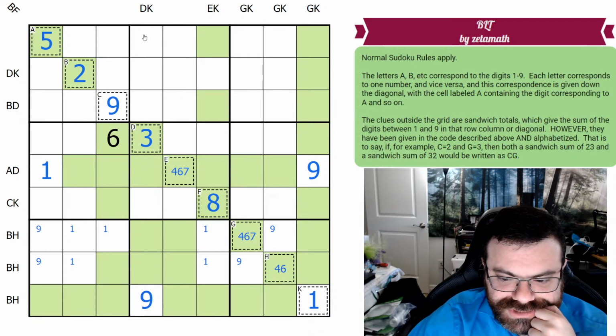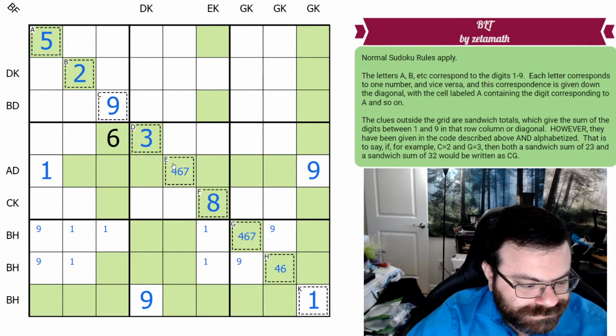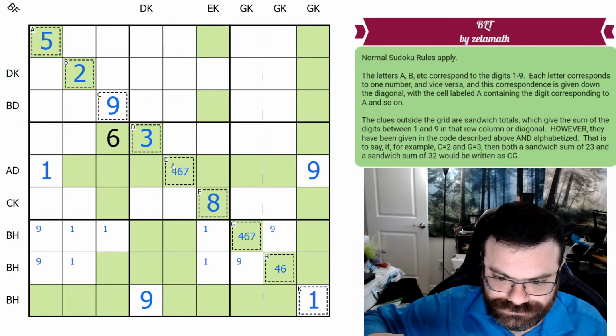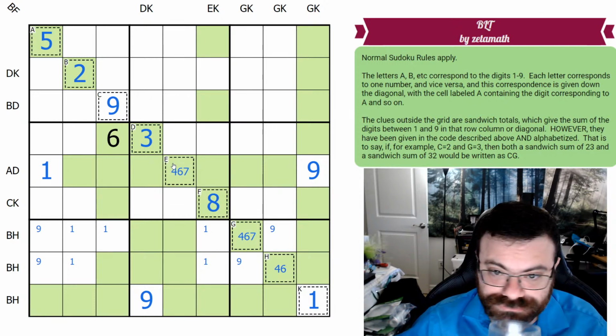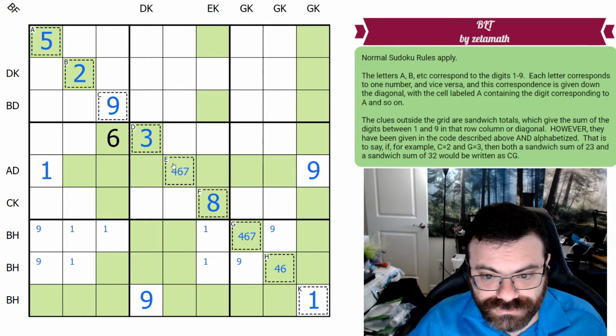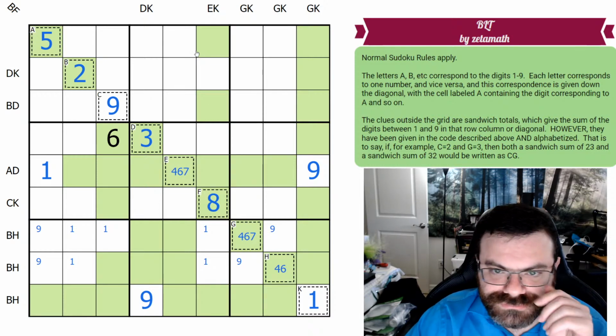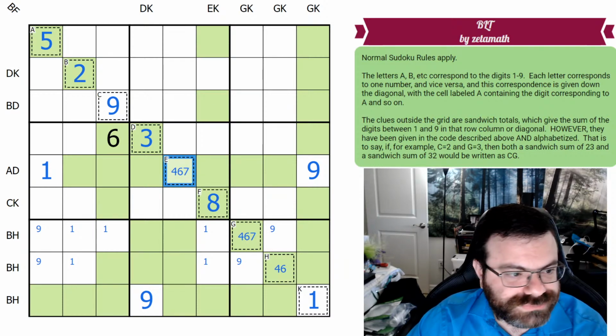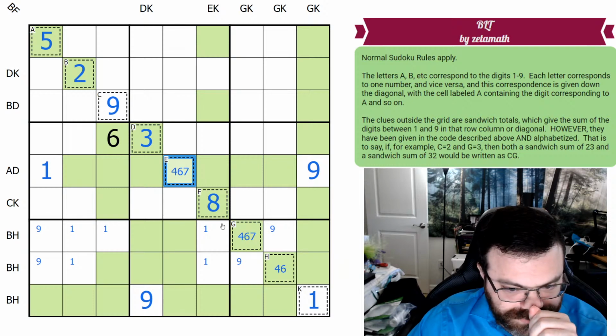DK is either 13 or 31. Oh, EK is not 19. EK is 14, 16, or 17. Still can reach 4.